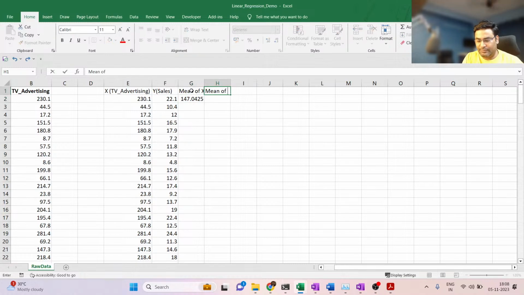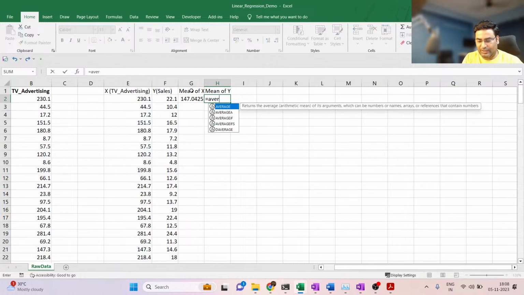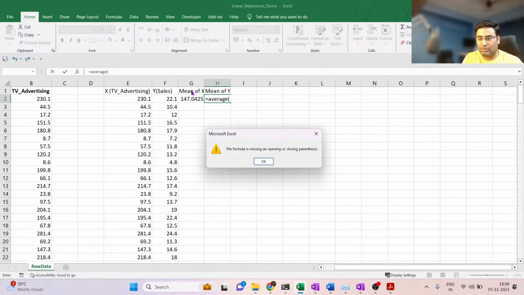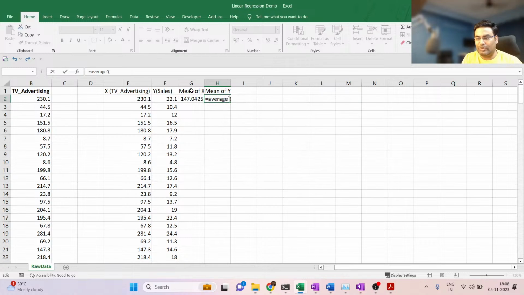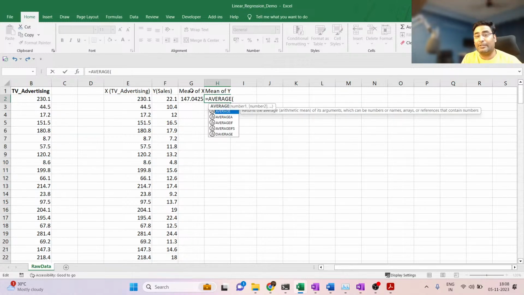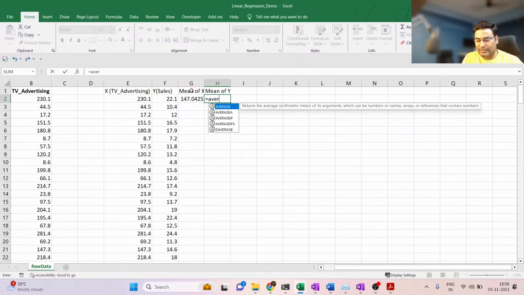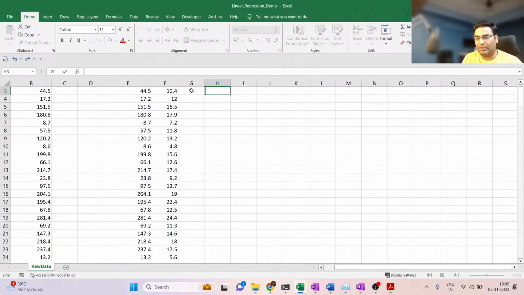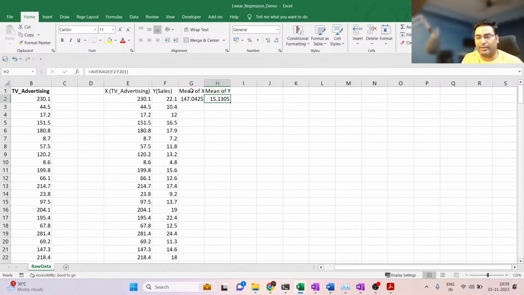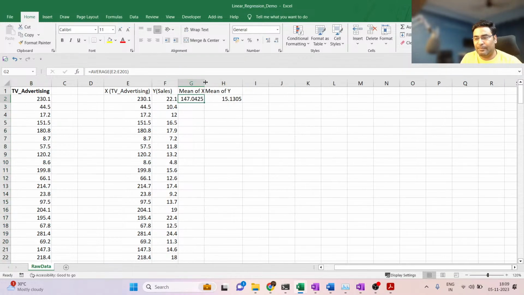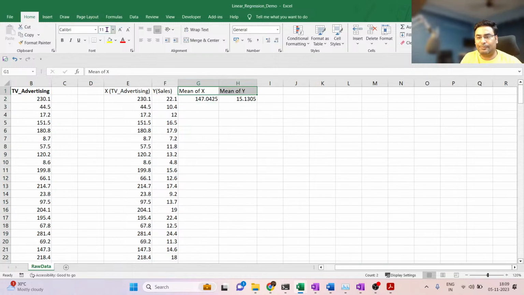Find the mean of Y, that is the average of Y. I'm showing you, which you can also do, and that is expected in the GATE exam, that they will ask you these details and you have to manually calculate it. There's no other way around, because I don't think you can use Excel in the GATE paper, but I'm just showing Excel to make a point. So average of sales is what? 15.13, and average of X is what?